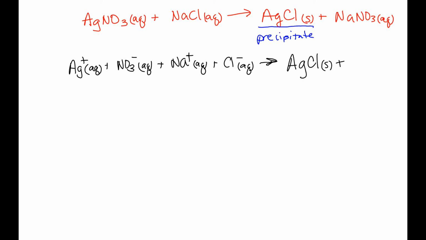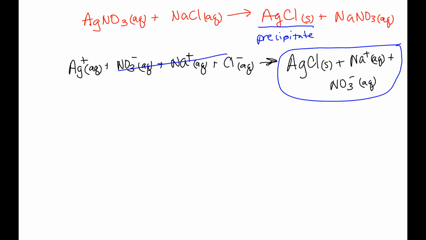Okay? And then you also have sodium and NO3, nitrate. Now, as far as the reaction is concerned, we only care about this side. We don't really care about that side as far as labeling everything. So your task would have been taking this initial equation and writing the net ionic equation.